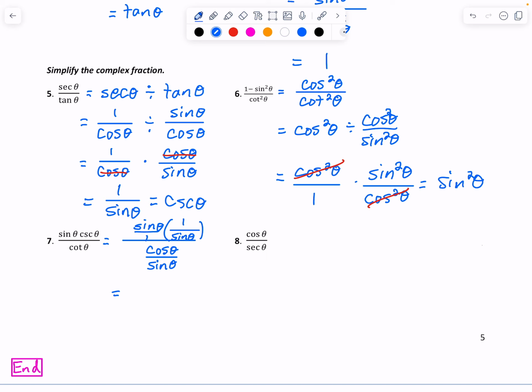Sine over sine, so sine theta over sine theta over cosine theta. And I'm going to go ahead and actually change that back. Cosine over sine is the same thing as cotangent. And the reason I'm doing that is because this numerator is going to end up being a 1. And we just have 1 over cotangent. And 1 over cotangent is tangent.